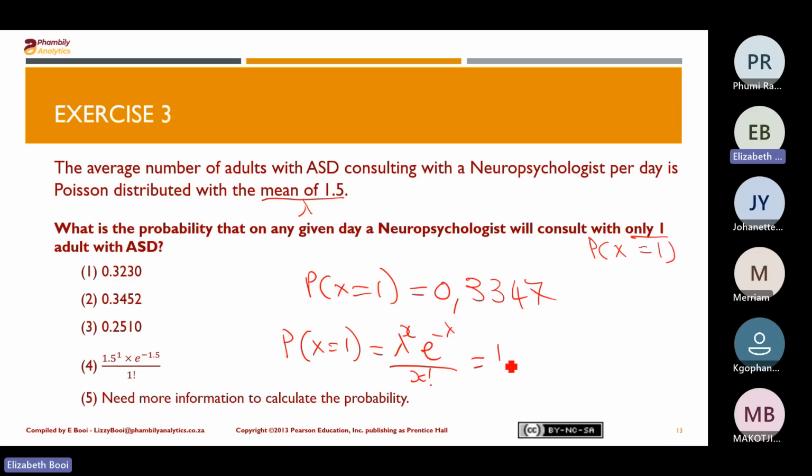Our lambda is 1.5 to the power of 1, multiplied by e to the power negative 1.5, divided by 1 factorial. Let's see, is it the same? Yay, it is the same. And your answer will be option 4.